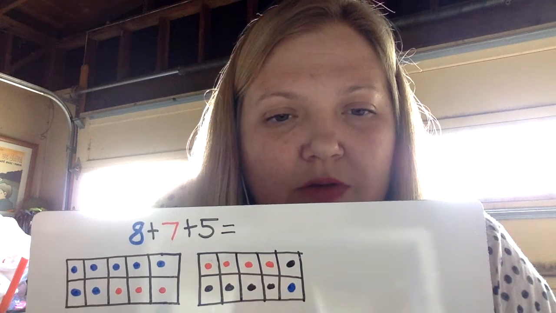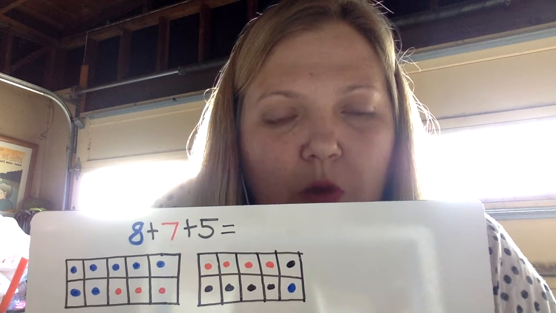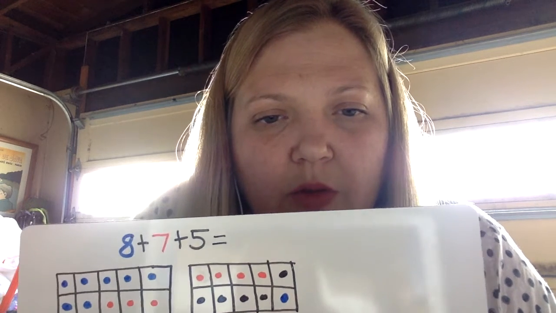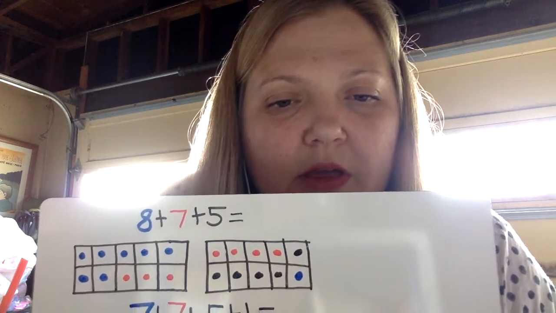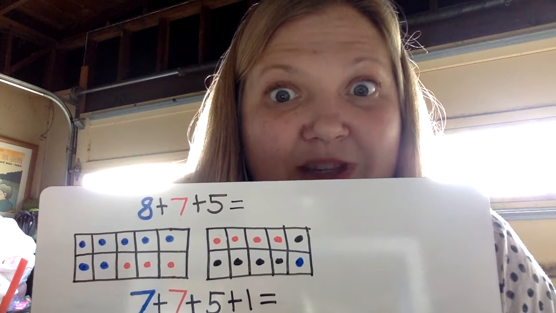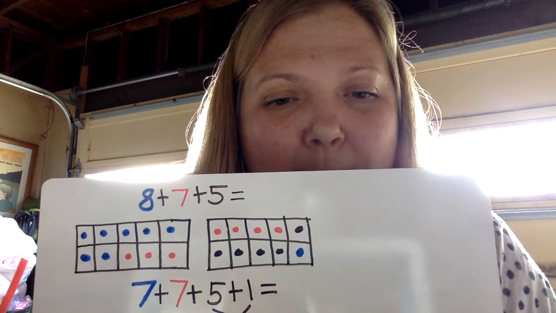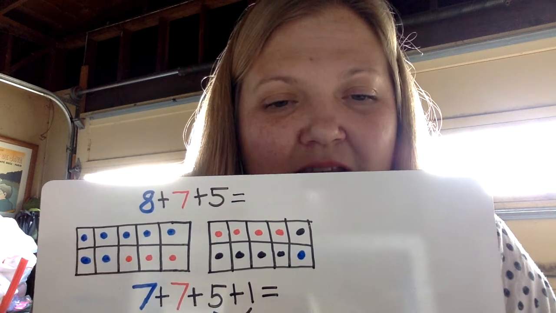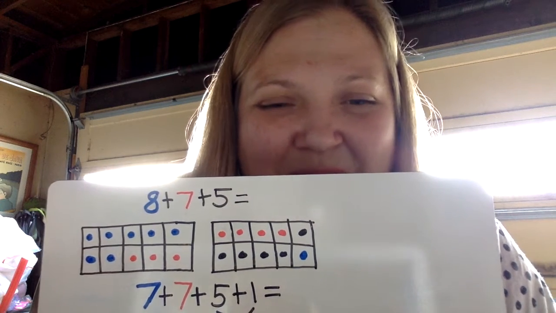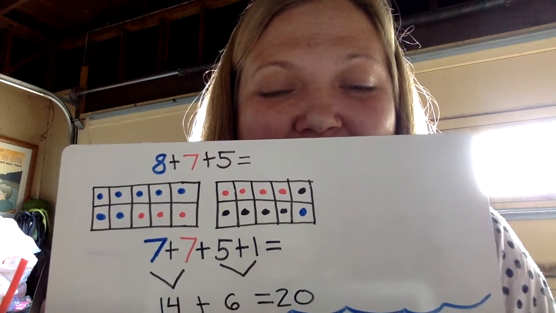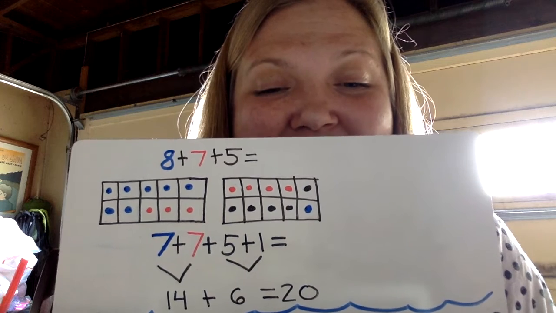What about if I took 1 away from that 8 and I put it over there with the 5 so that I could make doubles? And I thought about it like 7 plus 7. Because I know double sevens makes 14. And if I put it with the 5, I know 5 plus 1 makes 6.